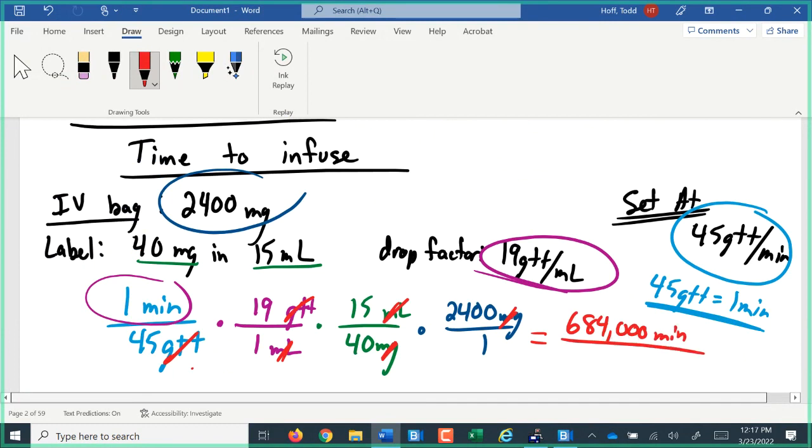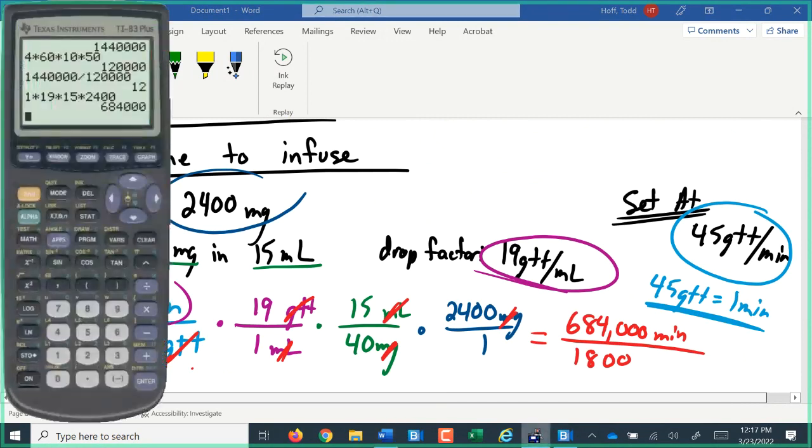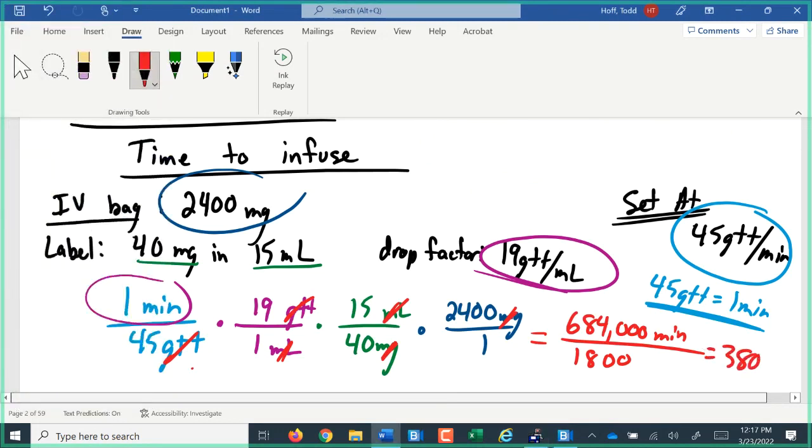On bottom, we have 45 times 40, which is what? I believe it is 1,800, and then we divide that out. Because 380 minutes is that time.